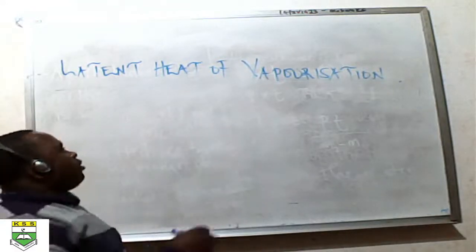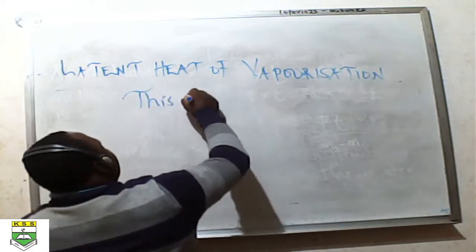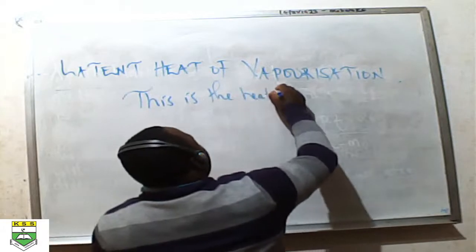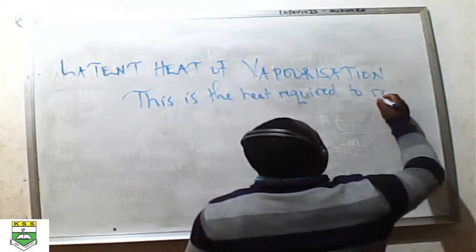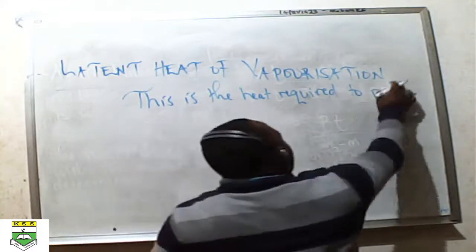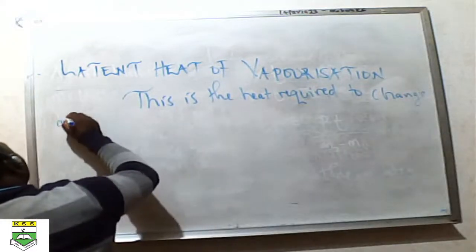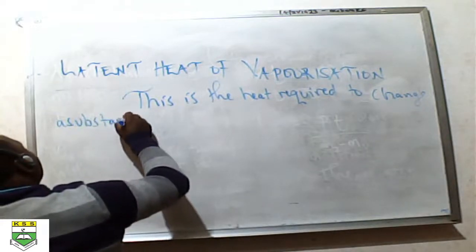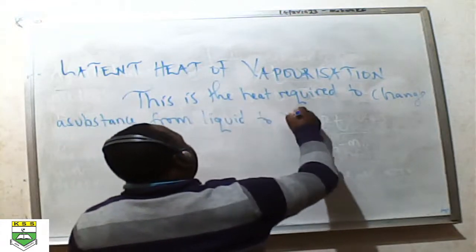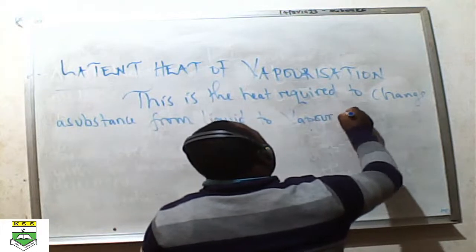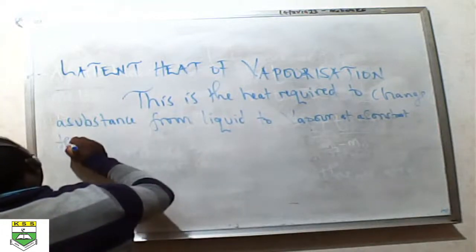Now, latent heat of vaporization, we are saying that this is the heat required to change the state of the substance from liquid to vapor at a constant temperature.